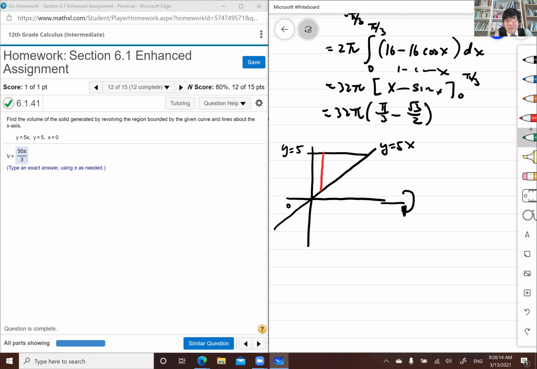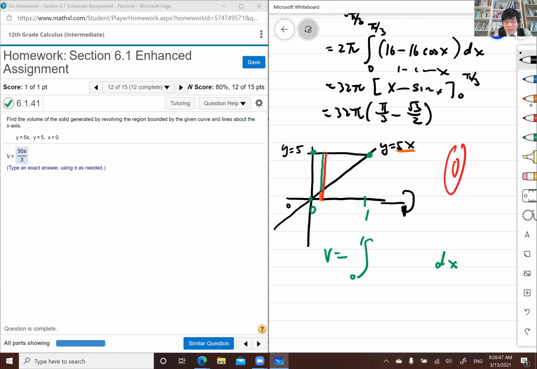Okay. So this point is x is 1, and this point is when x is 0. So we are going to make a revolution for x between 0 through 1. Now the cross-sectional area is, again, going to be a ring. The outer radius is going to be 5 everywhere, while the inner radius is going to be 5x.